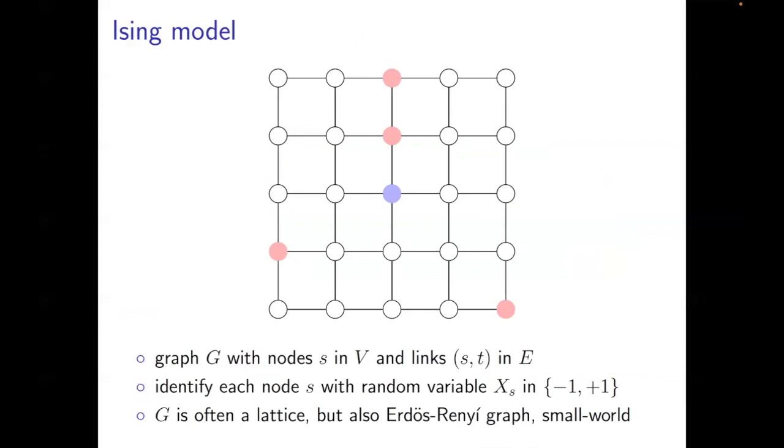I'll talk a little bit about the Ising model, because everybody knows it, so very quickly, but I wanted to show it because it's what we compare to. We only have variables in -1 and 1, and often a lattice is used, or a random graph, or a small world, or scale-free network, or many different kinds.